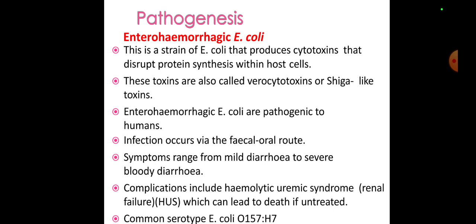The symptoms range from very mild diarrhea to severe bloody diarrhea. In severe cases, it may lead to hemolytic uremic syndrome, that is renal failure, and in an advanced stage it leads to death also if it is untreated. The common serotype of this enterohemorrhagic E. coli is E. coli O157:H7.